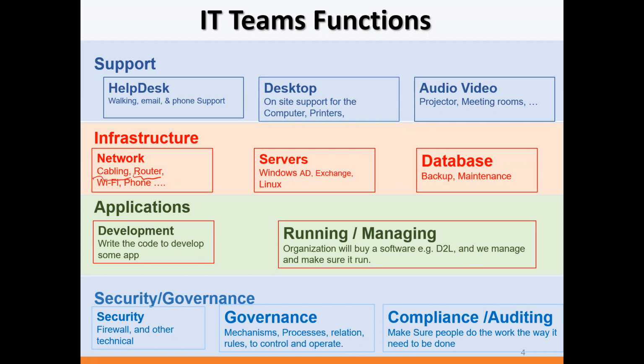You know how you go to Hamad Hospital or to the health center, there is a PC, and the PC is connected to the wall with a cable. The network team is responsible for the cabling and the Wi-Fi. They are also responsible for the phone system. They are also responsible for connecting to Ooredoo or Vodafone or whatever internet provider the organization is using. So this is the job of the network guys. Clear?